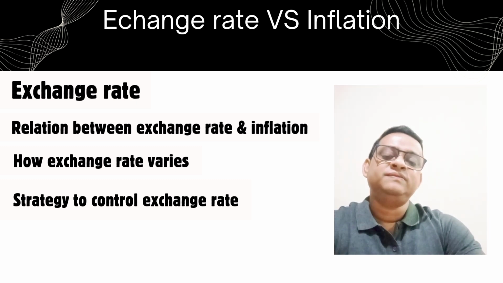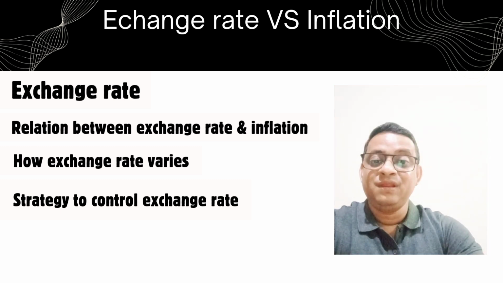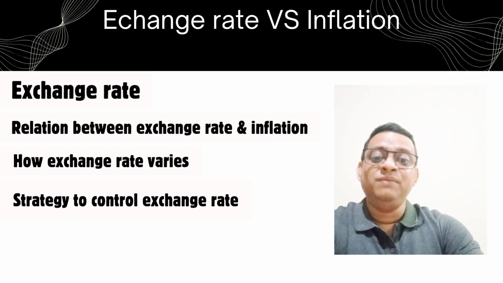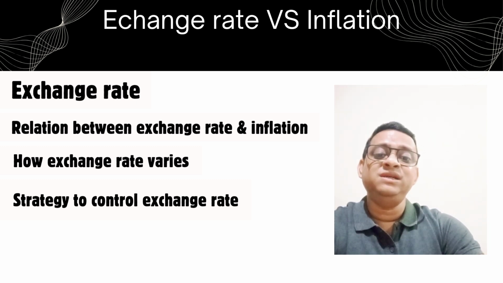Suppose you have $10 in hand and the demand for dollars is 20. So what will happen? Obviously, the value of the dollar will gradually increase. If the value of the dollar increases, then the exchange rate will always increase.